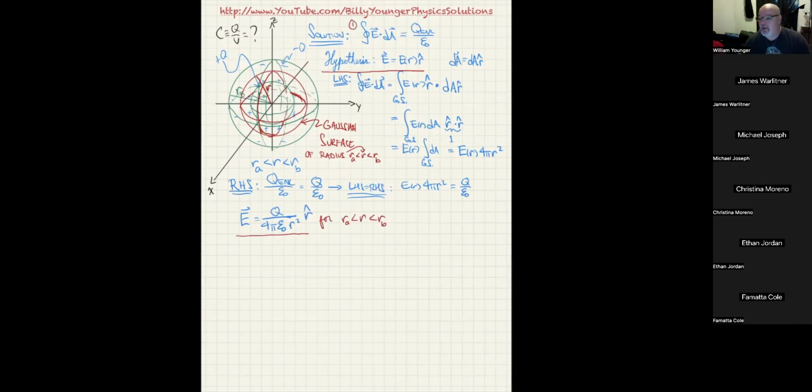Step 2, as I had mentioned to you before: step 1 is to find the electric field. Hopefully you can do it with Gauss's law because that's easier than Coulomb's law. Otherwise, you have to do it with Coulomb's law.